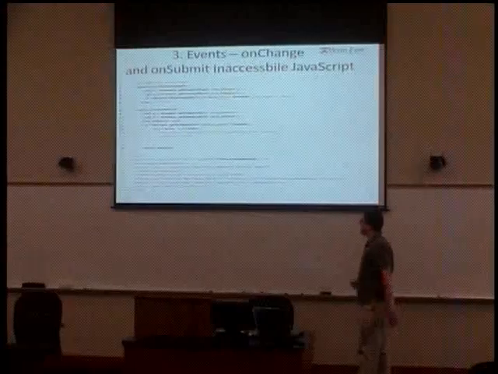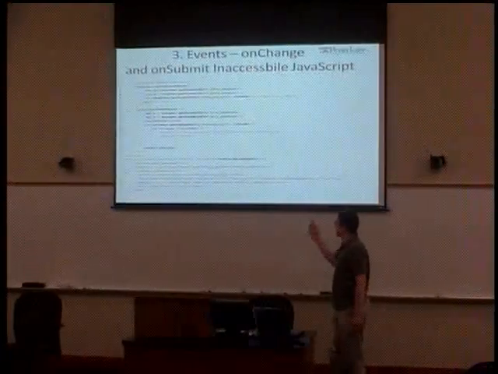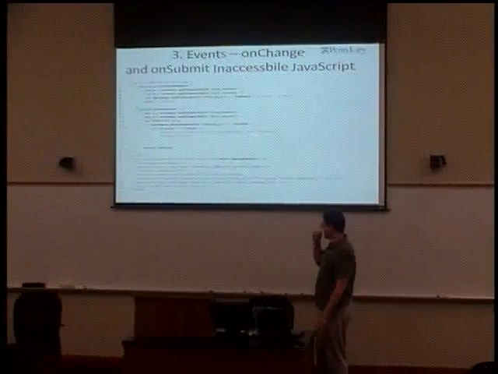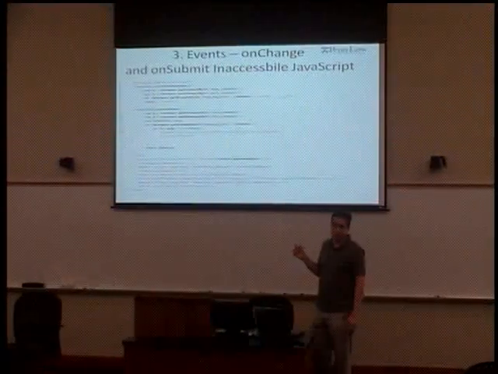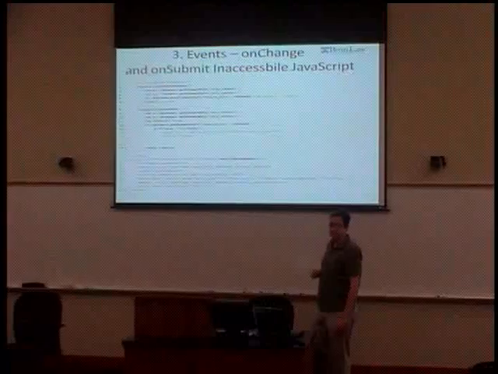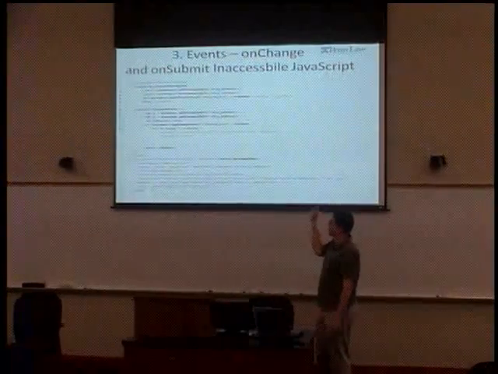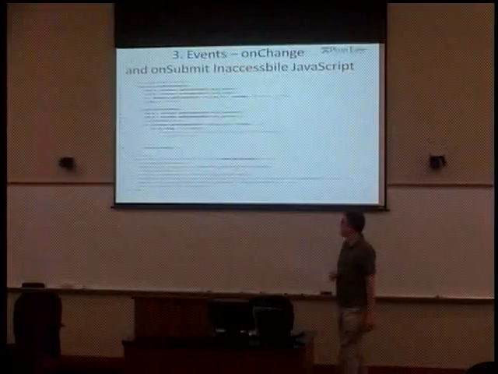So there again, you see in line 21, there's the onSubmit action that, when you submit the form, triggers that process form function, which does the validation. Like I said, you want to repeat that validation on the server.